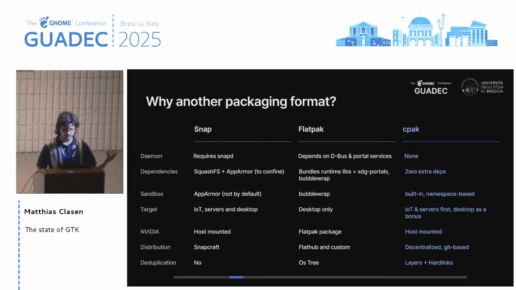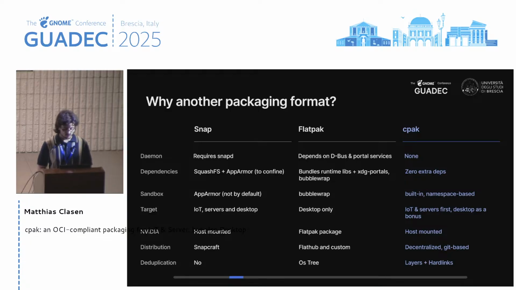Maybe GNOME Nightly, but it's another thing. cpak is decentralized by its nature from the start, but it's also Git-based. I will explain this later because it's a bit particular. If some of you know the GNOME language, you will find this very familiar.